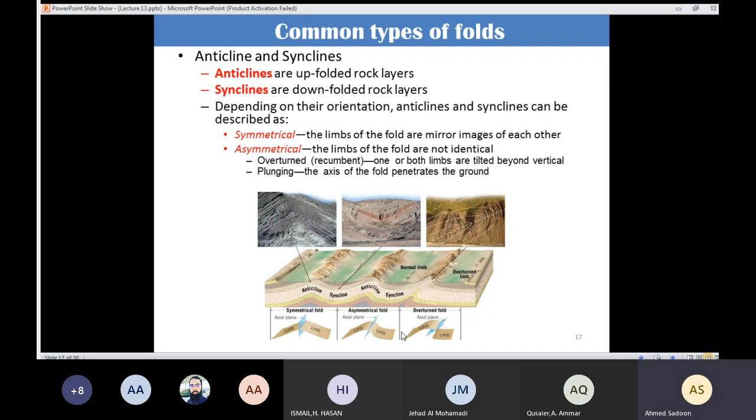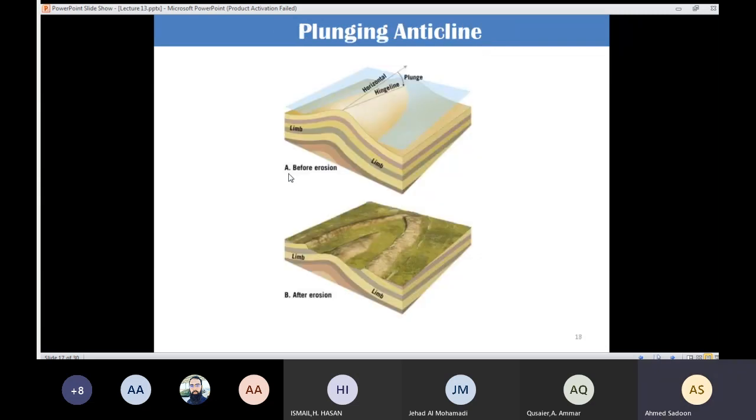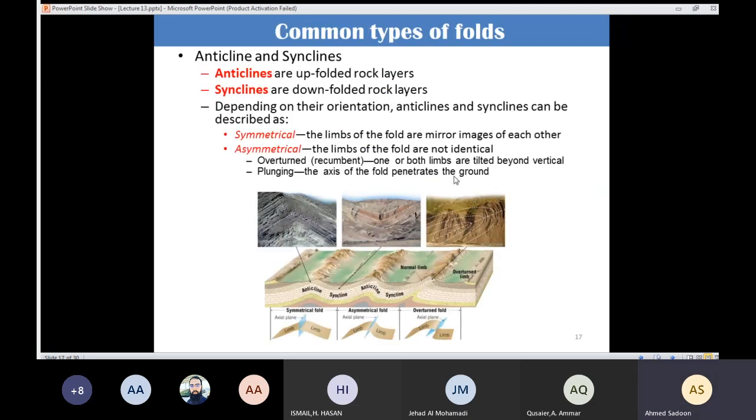So this one is a special case for the asymmetrical fold. We are going to have tilting beyond vertical. The last case, which is the plunging, which is like this one here, we are going to see that the hinge line or the axis of the fold penetrates the ground.